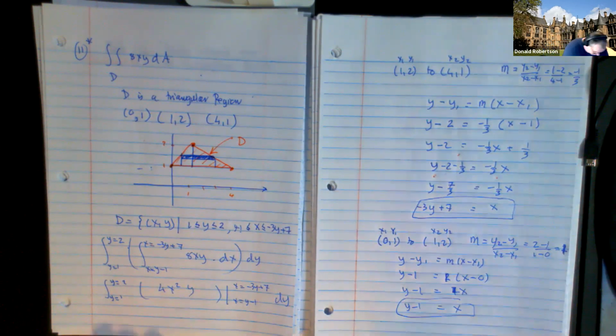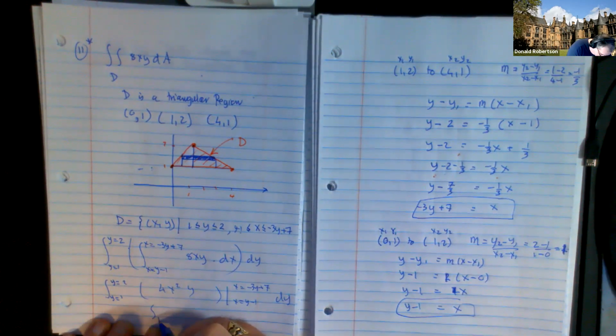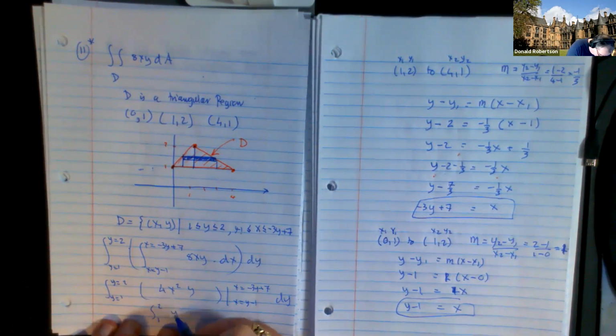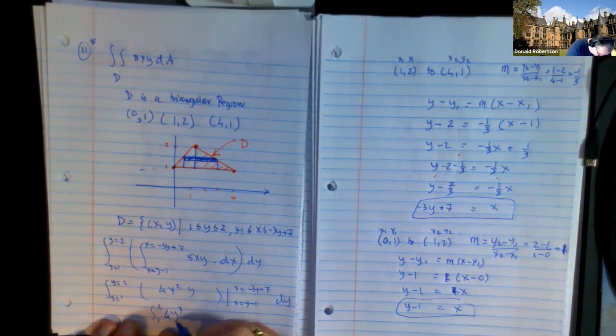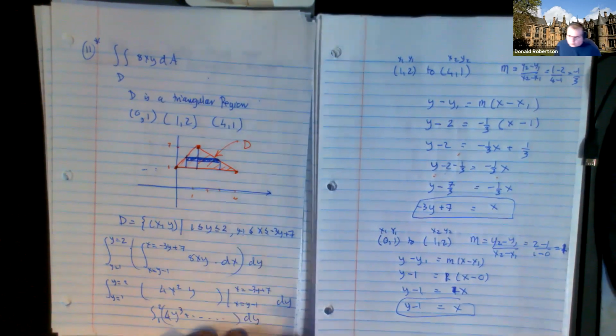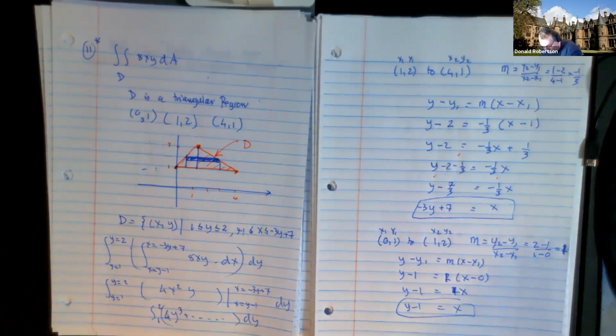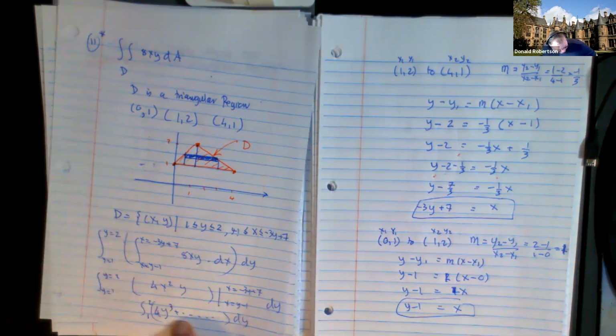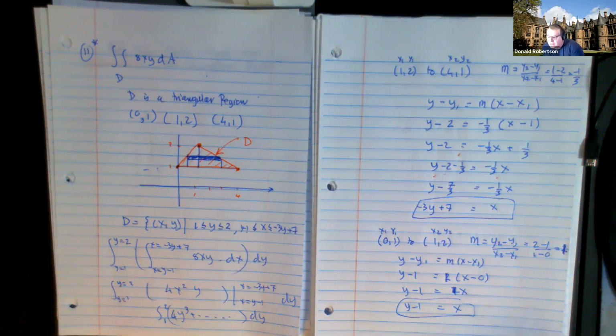But when you are finished, you will have an integral from 1 to 2 of, I don't know what the answer is, but a polynomial with at least y cubes, probably y squareds, y and a number in it, all the way to the end. And then at this point, it's just power rule again. This just takes time. It's not difficult to do, I don't think. I think you just have to be careful.